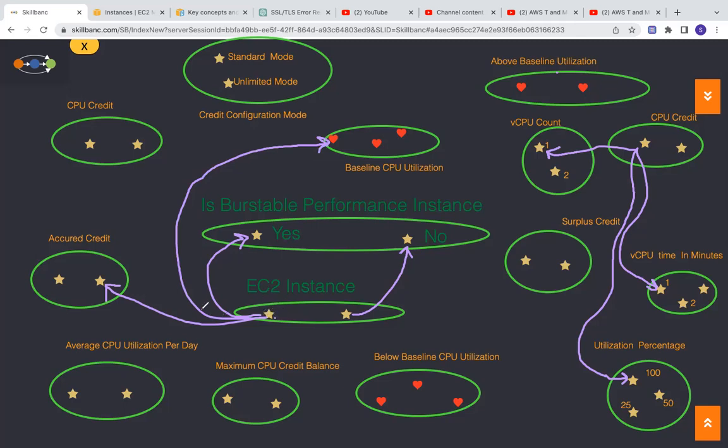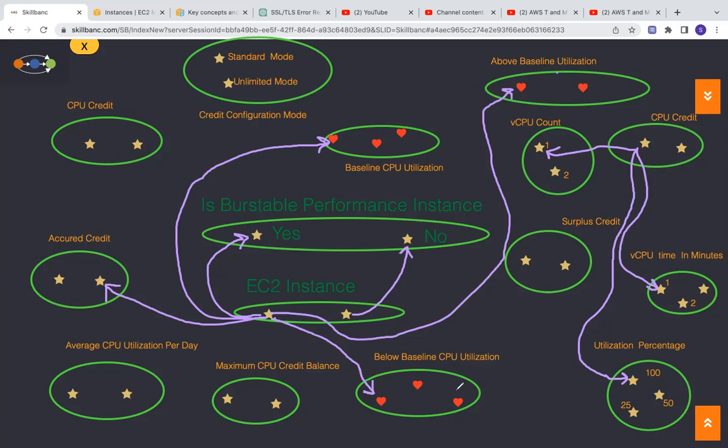So how much time it is spending in baseline CPU utilization. It will keep track of multiple times it gets at the baseline, and how many times it is staying below the baseline, and how many times it is staying above the baseline. So depending upon those times, the times will be computed, and accordingly the credits will be accrued based on that.